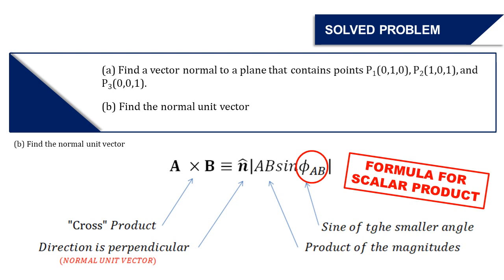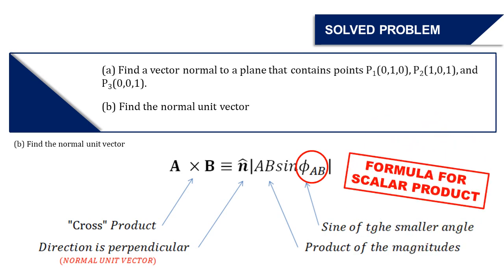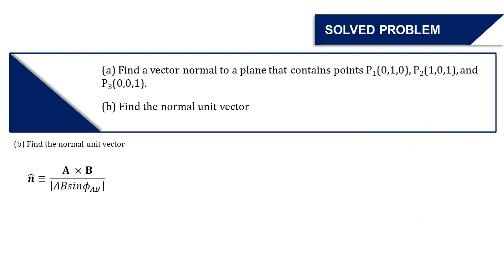So, subukan natin. We know that the normal unit vector is equal to the cross product between the two vectors divided by the absolute value of the product of the magnitude ng dalawang vectors na yun times the sine of the smaller angle between them.